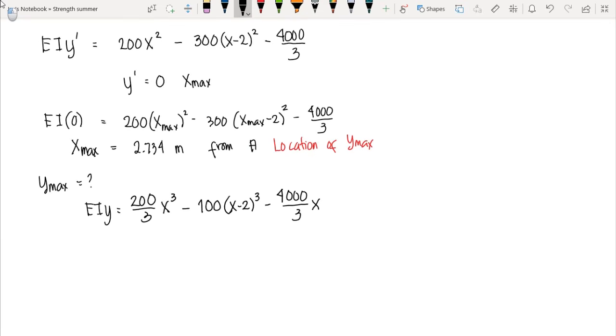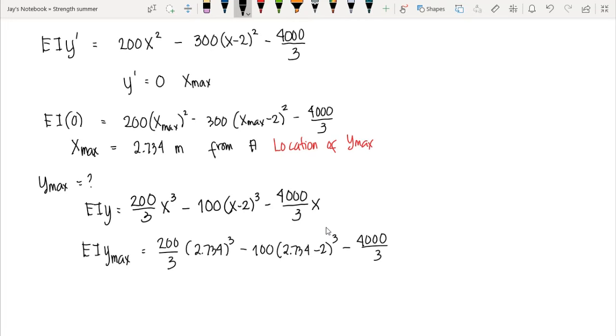So we have our flexural rigidity times the maximum deflection is equal to 200 over 6, times the location of our maximum deflection, 2.734, cubed, minus 100 times 2.734 minus 2 cubed, minus 4,000 over 3 times 2.734.